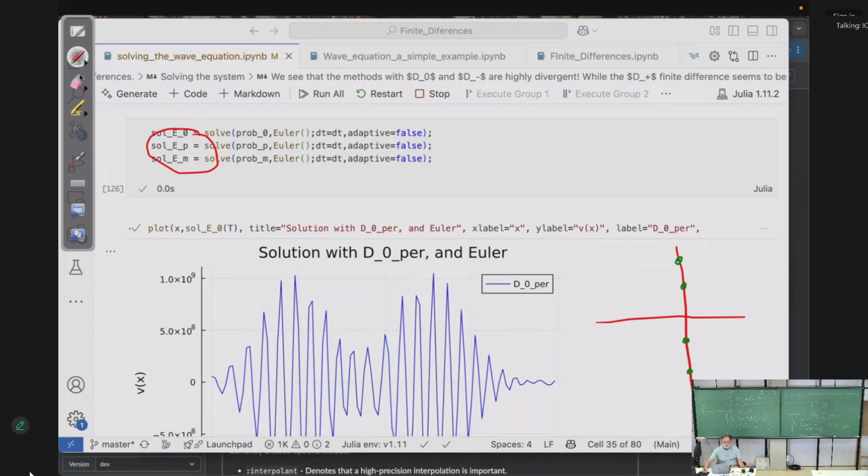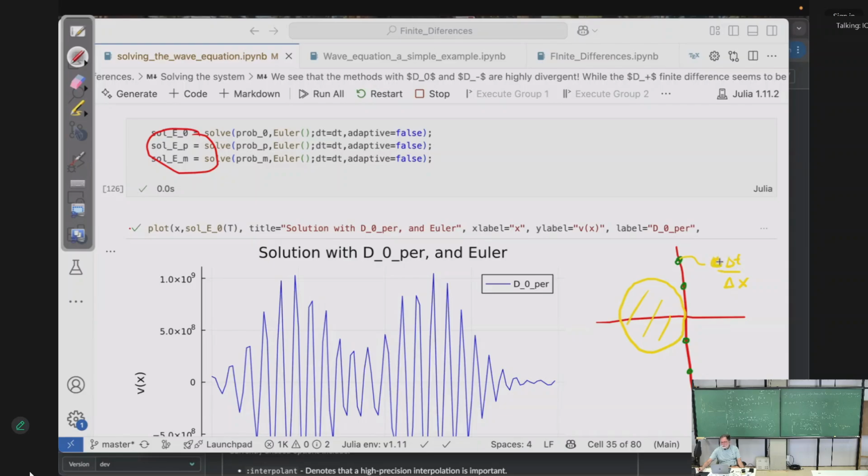And the stability region of Euler was here. So these in here are some number, C say times delta t divided by delta x, and we are taking this to be 1, so this is some number.